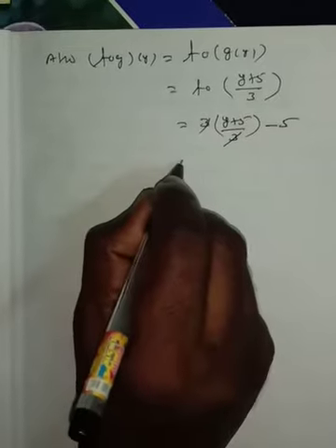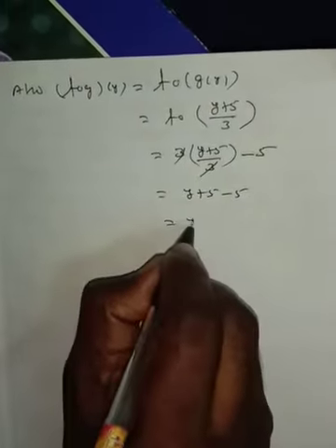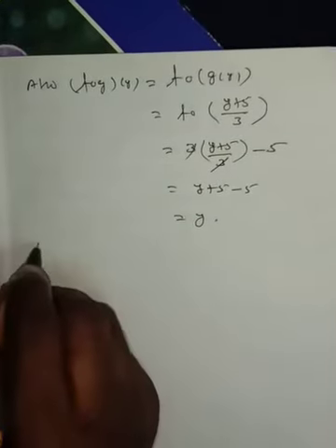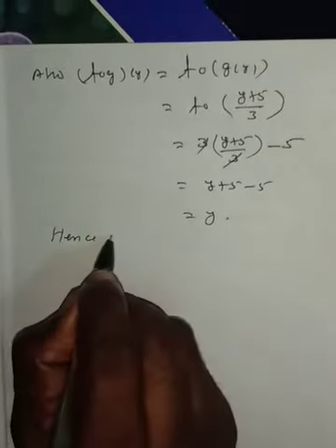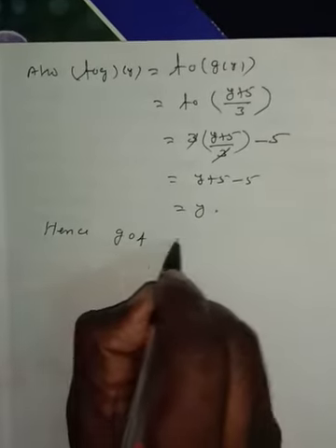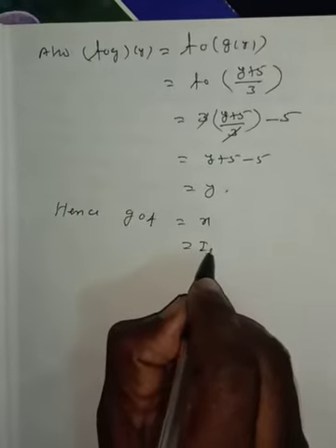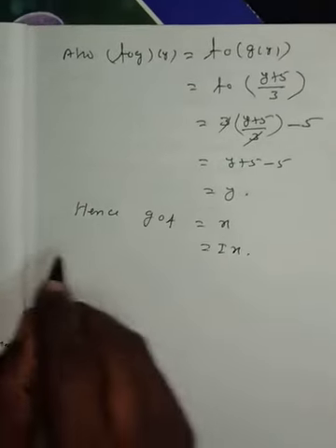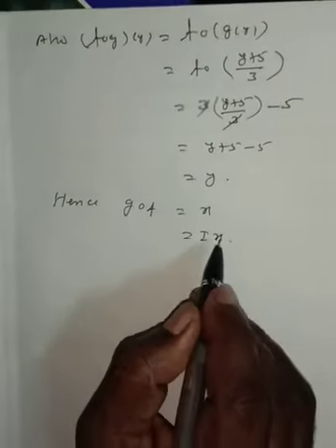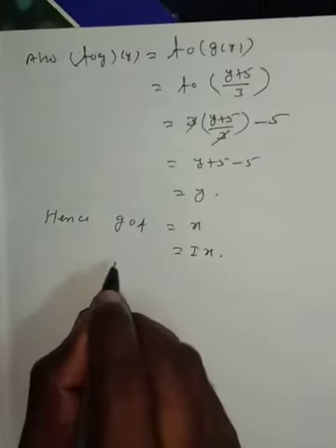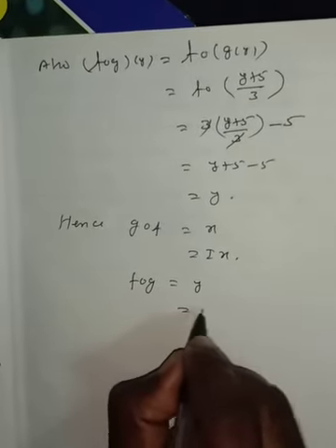Cancelling these two, y plus 5 minus 5 is equal to y. Hence g of f is equal to I, the identity function on x. Just as for a matrix, we have the unit matrix. f of g is equal to I on y.